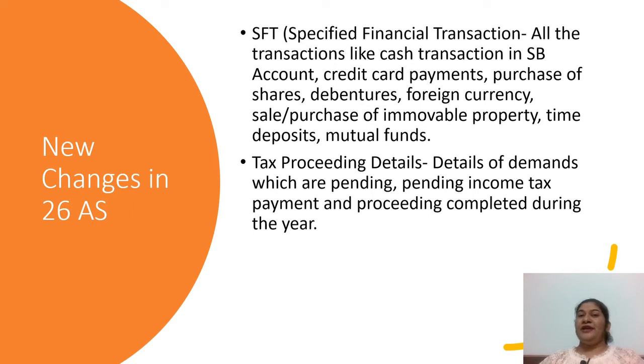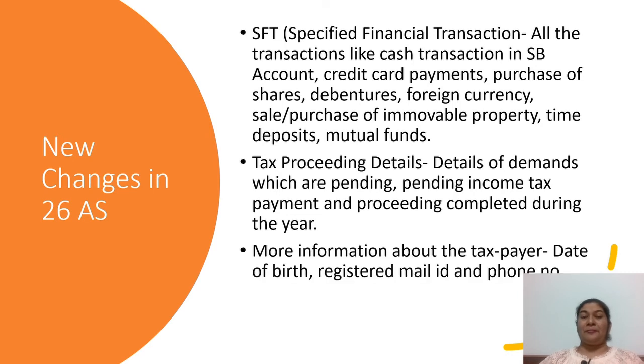Here you will get the information of those pending demands, that is pending payments or the pending income tax you are supposed to pay, and the pending proceedings which are to be completed during the year. So these are now the information relating to your tax assessments and tax proceedings with the income tax department.